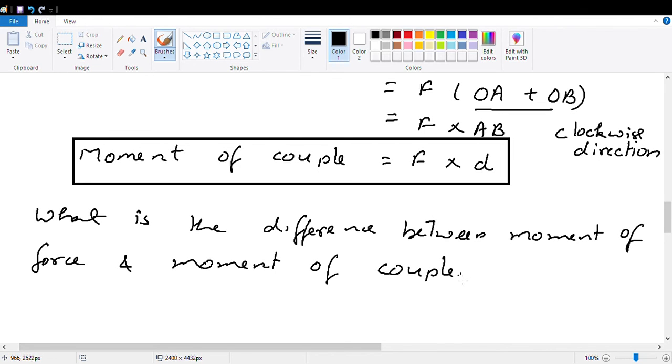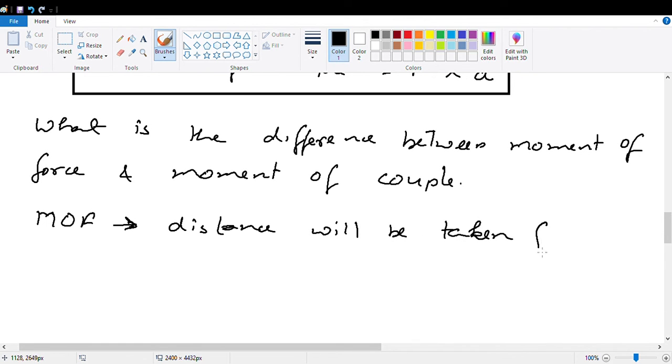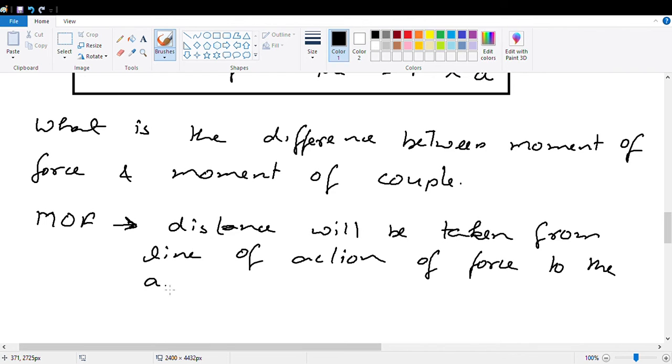The first difference, always remember, when you are talking about moment of force, here I am denoting it as MOF, the distance will be taken from the line of action of force to the axis of rotation. Line of action of force to the axis of rotation.